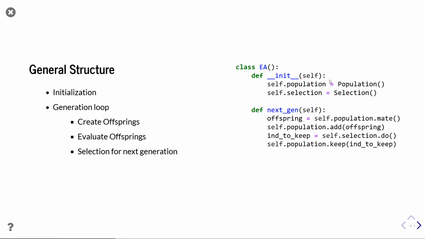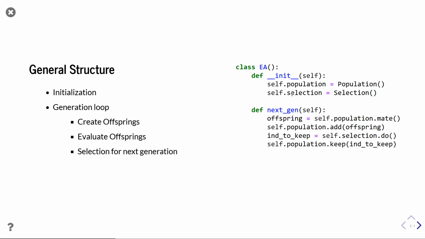The population class is an abstraction of all possible things that we should be able to do with a population. For example, combining various individuals to form new individuals, or keeping track of the populations, killing some individuals or keeping some other individuals alive, or evaluating new solutions.